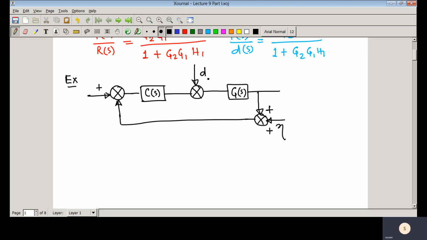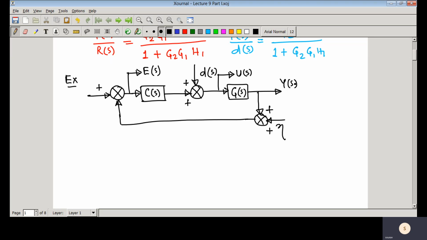Suppose disturbance entering here, that is D(s), plus. Suppose you are interested in what is that error signal here, E(s), and this is that control input feeding to that plant, that is U(s), and this is that measured output Y(s).